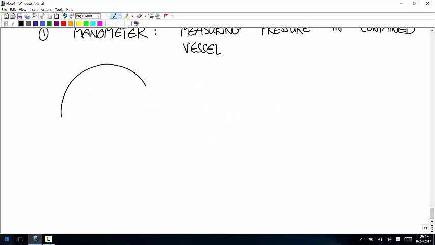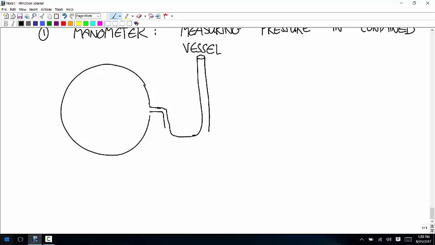So let's say here's our pressure vessel, and it's connected to a tube that goes down and then up. And you have a liquid in here.